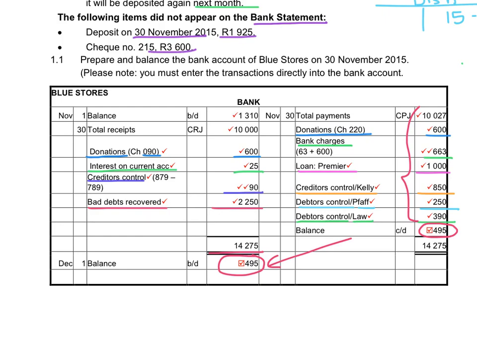If this balance is on the debit side, then we will record it on the debit side of the bank recon. If this balance was brought down on the credit side, we would show it on the credit side of the bank recon. So in this case, it's on the debit side, so we will show the 495 Rand on the debit side of the bank recon.